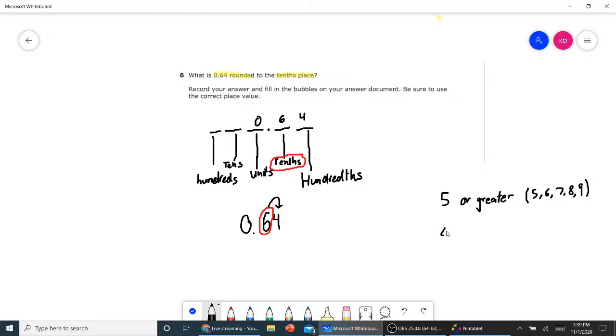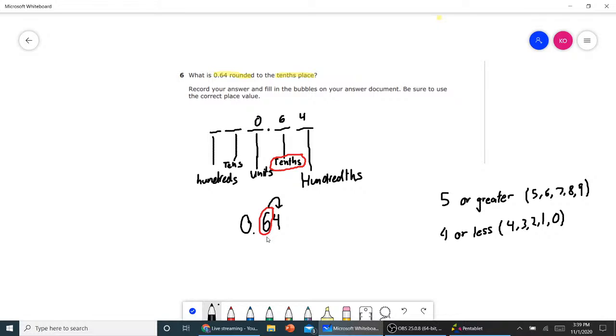And if it's 4 or less, so like 4, 3, 2, 1, 0, then you make this go down, so you round this down to 0.6.